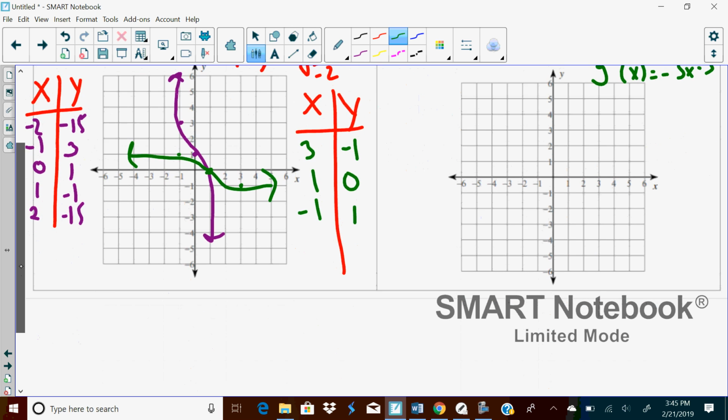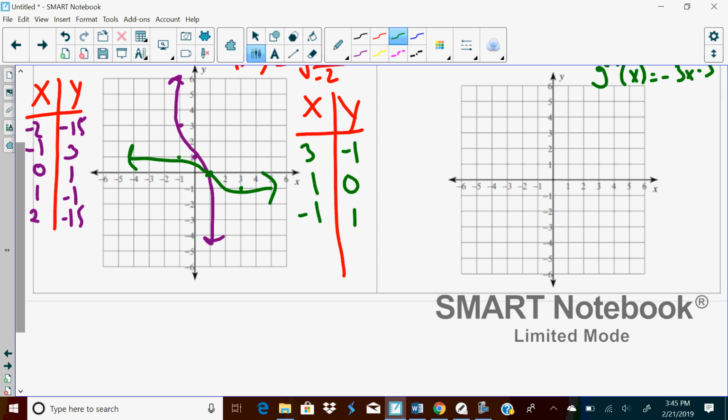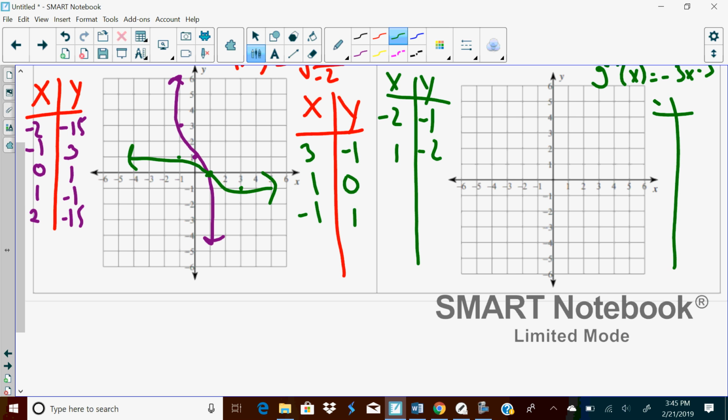So when I graphed them, I got my xy table. Negative 2, negative 1, 1, negative 2. So negative 1, negative 2, negative 2, 1.